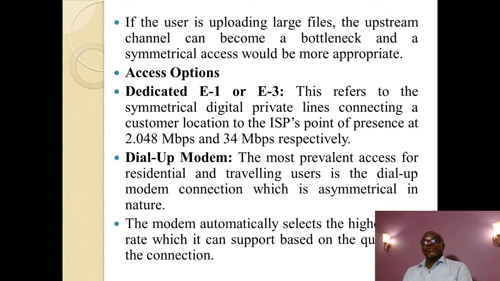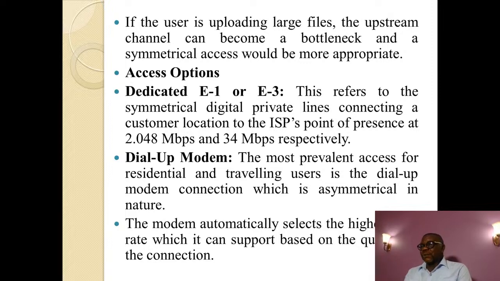But in most cases, people don't send large files upstream as much as they look for large files downstream. So in some cases, the asymmetrical network will be on its own.